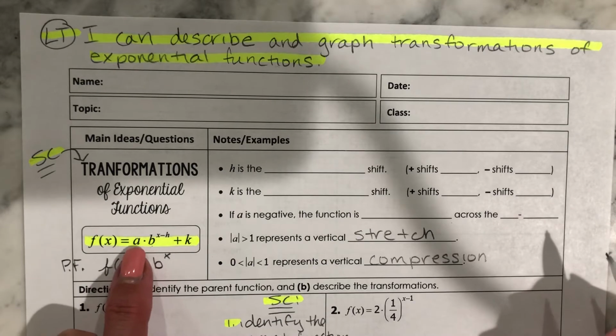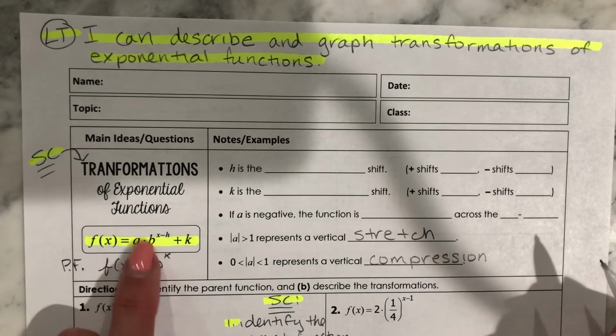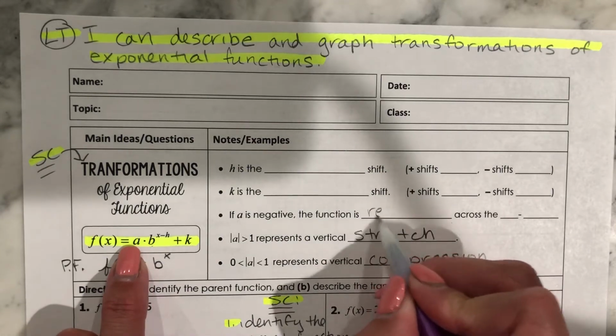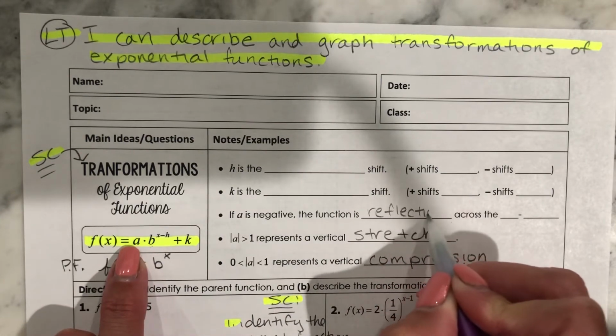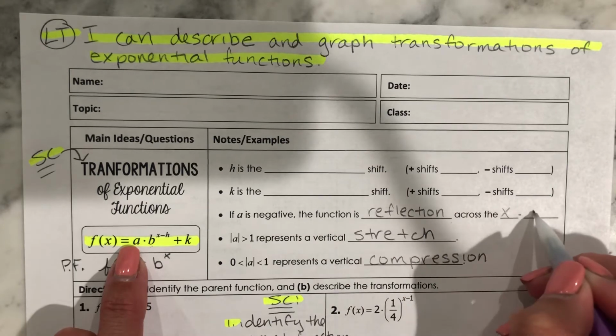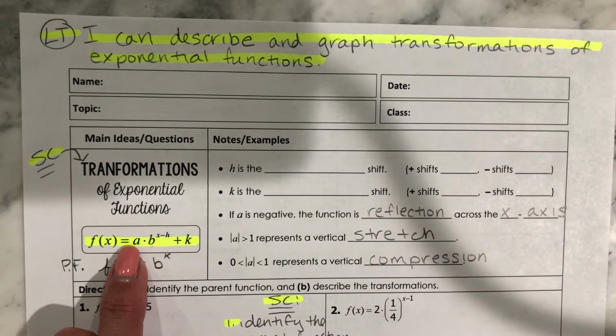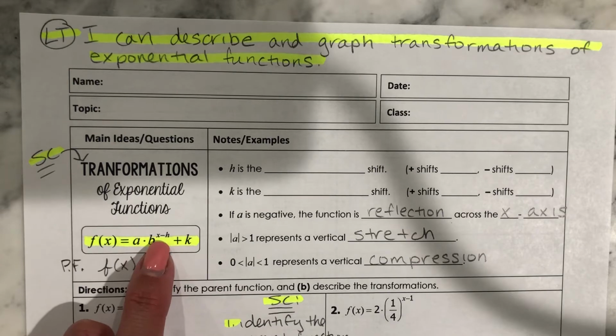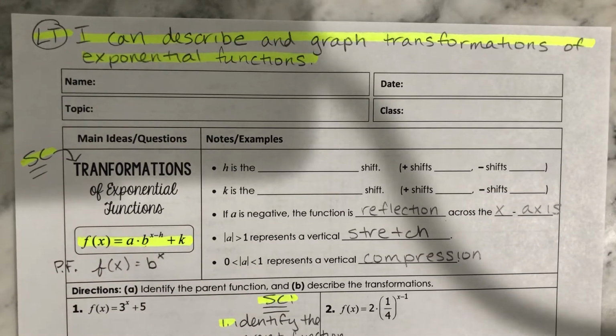All right, if that a is negative, so you have a negative in front here, that is a reflection across the x-axis. And we've seen these reflections before. Now here's something new, and it's not on your sheet, but what if this exponent is negative? If that happens, then it's a reflection over the y-axis. So keep that in mind. You might see that.